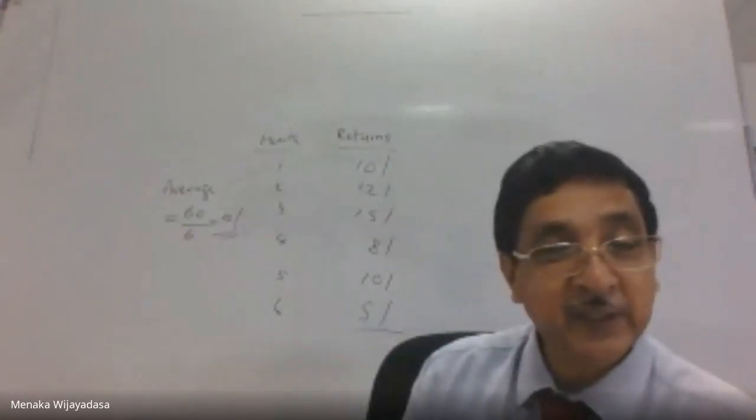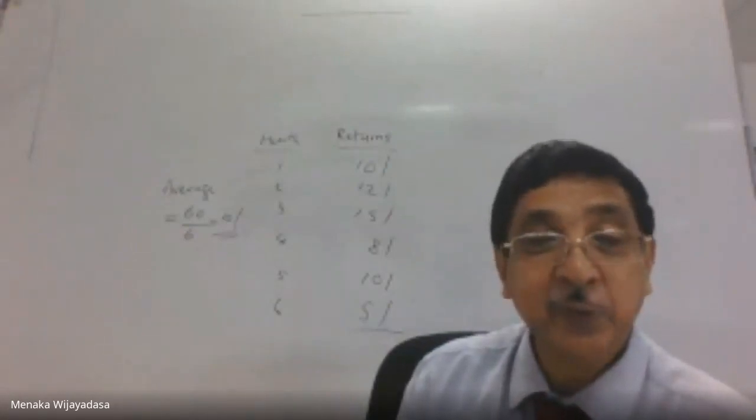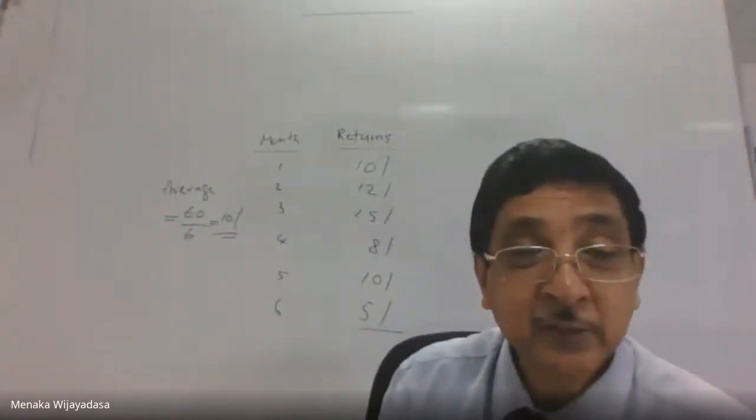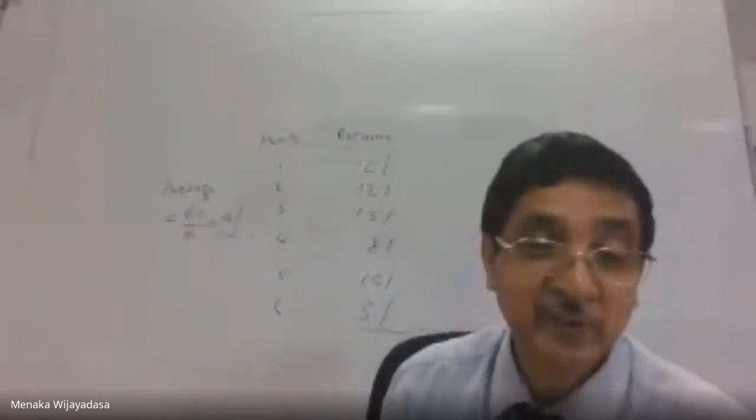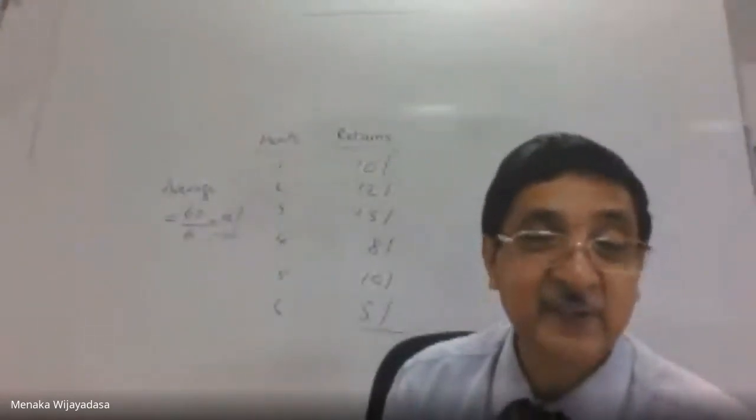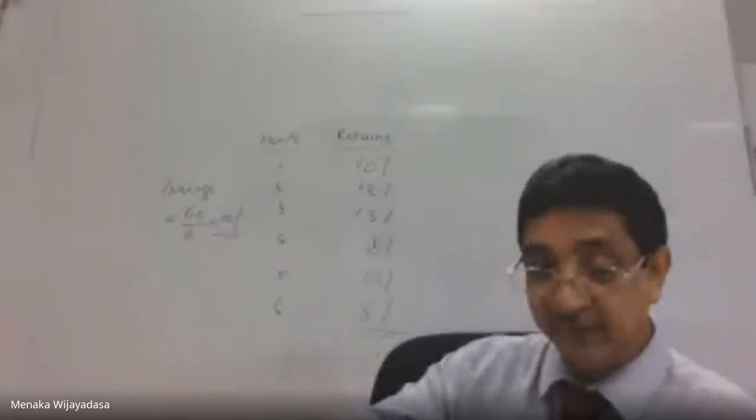Then when you want to get the deviations, what do you do? You deduct the average from each and every return, and you get the deviations. Now I will show you the deviations here.